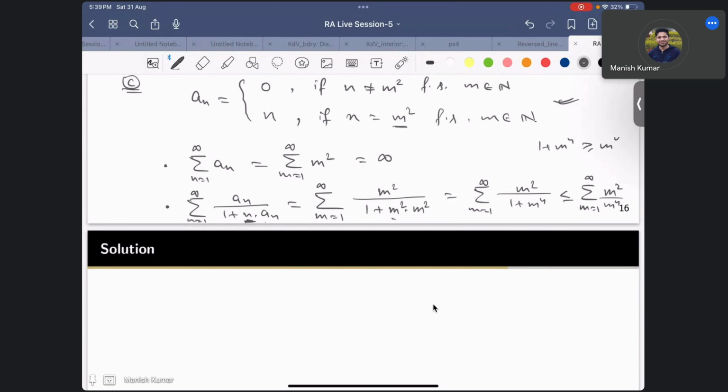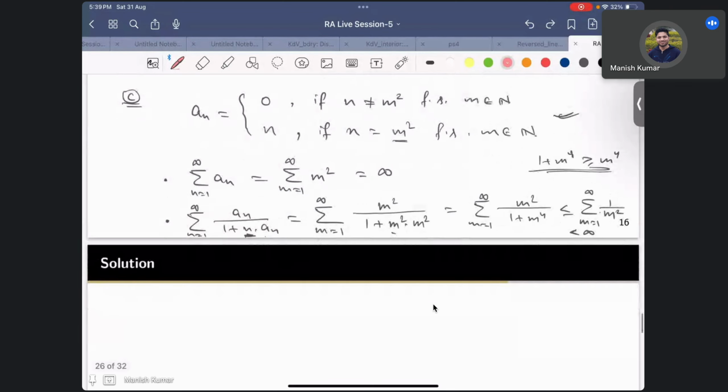So using this I will get this. Now this m square will cancel with m4, so I will get 1 by m square, and this is finite. So this series is convergent.